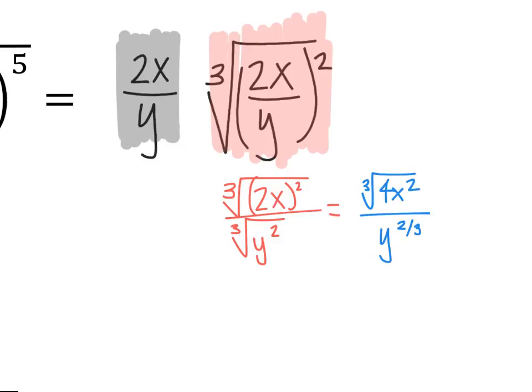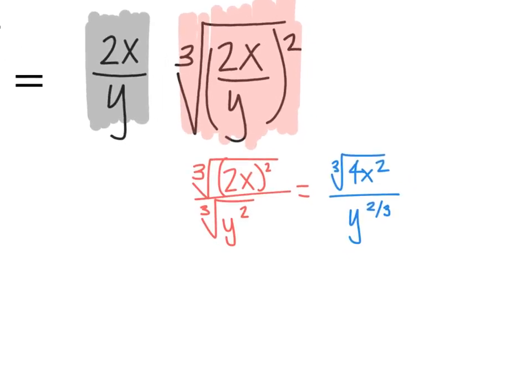When we need to rationalize this, that means I need to multiply the numerator and the denominator by a helpful form of 1, by something that will get rid of this denominator of 3 here. In order to do this, you have to remember that when you multiply two things together, you really add their exponents.